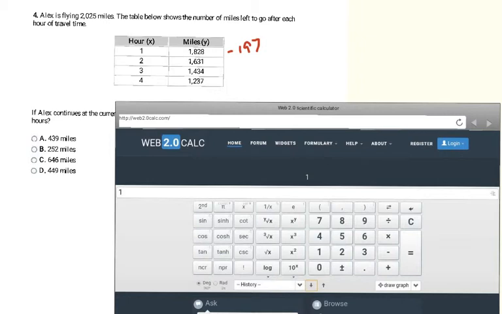I'm going to take 1434 minus 1,237, and that checks out the 197 also. So each of these decreased by 197, so that means I just need to continue this table out until I get to 8.